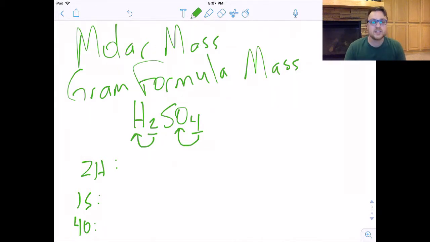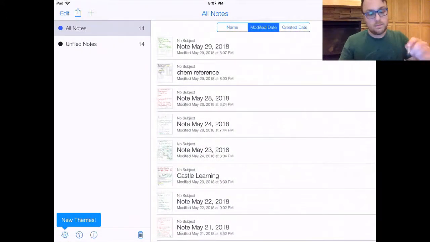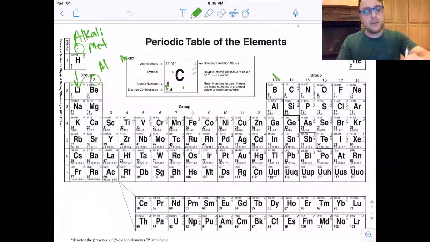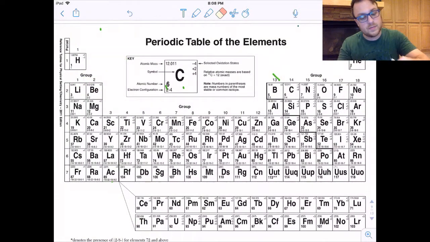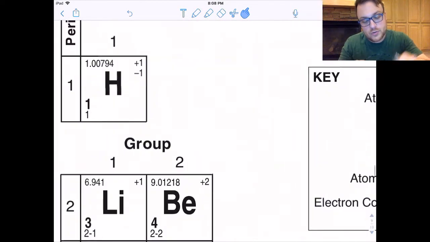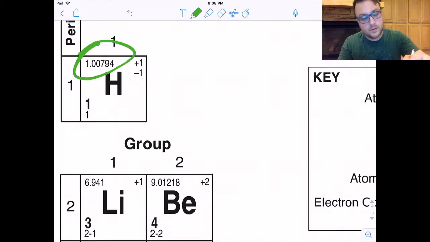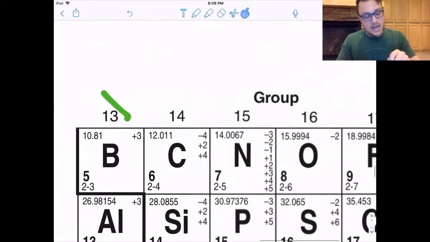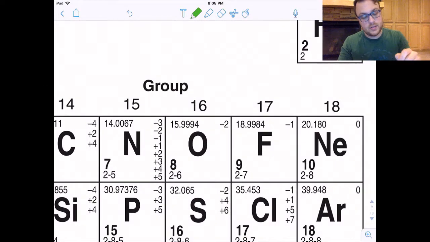Periodic table. Let's get the masses for all these things. Now I'm going to round a little bit just to make the math quicker and easier for me so I don't have to be sitting here doing calculator work. So hydrogen weighs about 1. Oxygen weighs about 16. And sulfur weighs about 32.